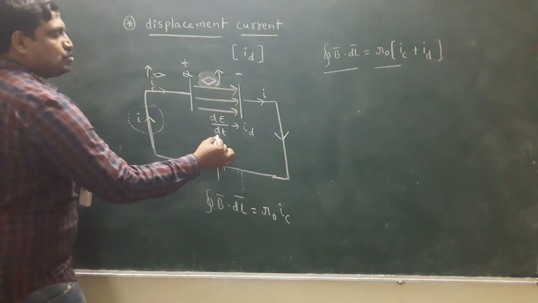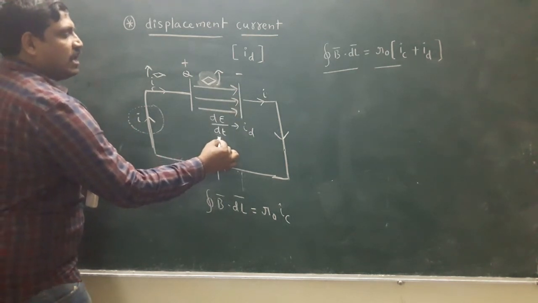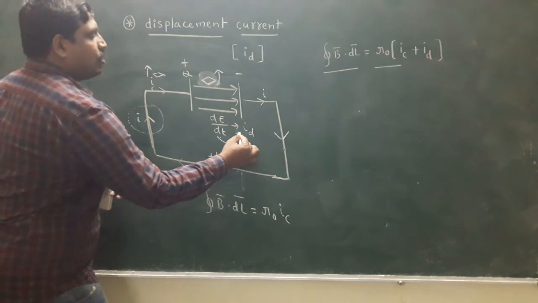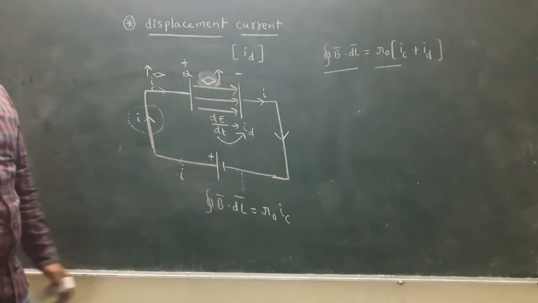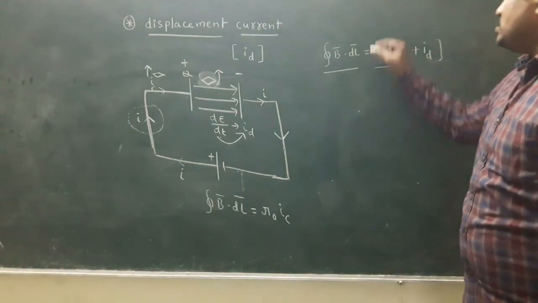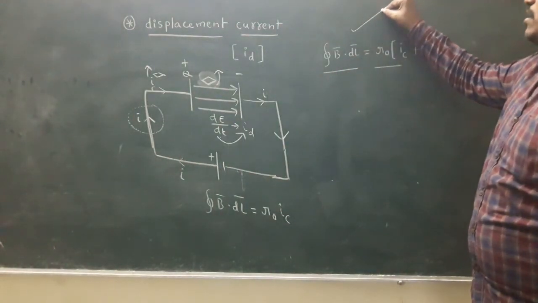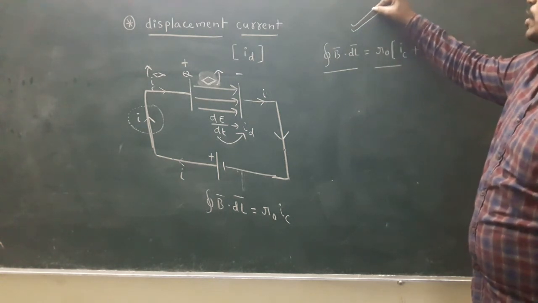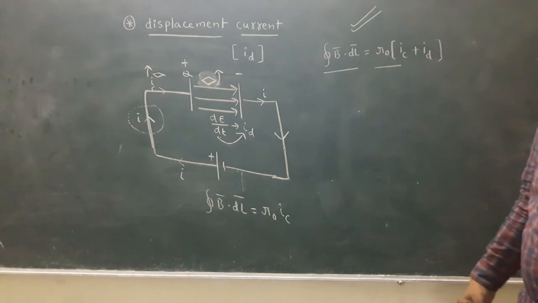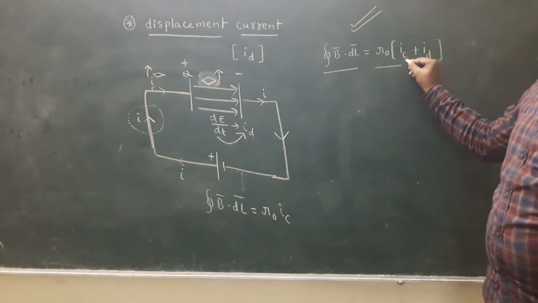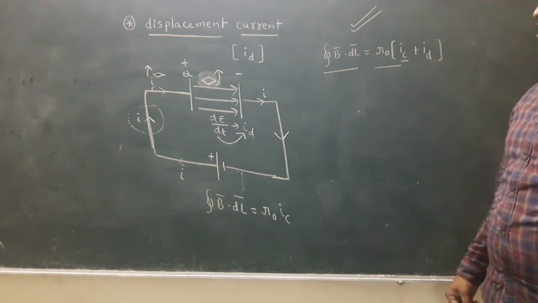This is due to the varying electrical field producing the displacement current. Simply, this is called the correction of Ampere's circuit law. This is called Maxwell's equation in electricity. Here I_C is the conduction current.